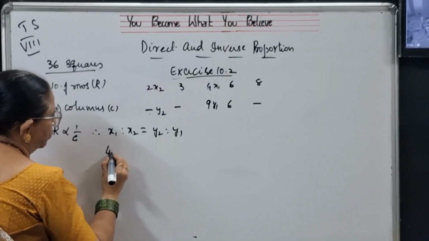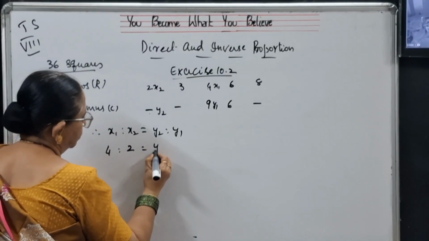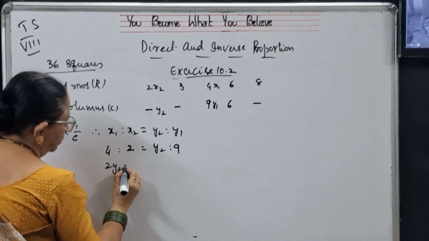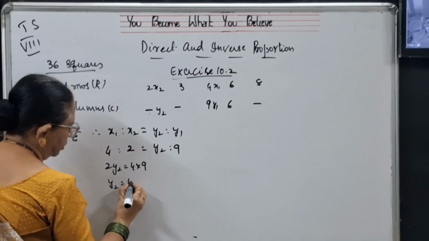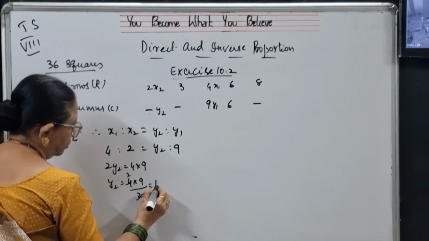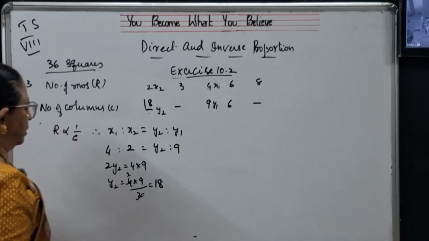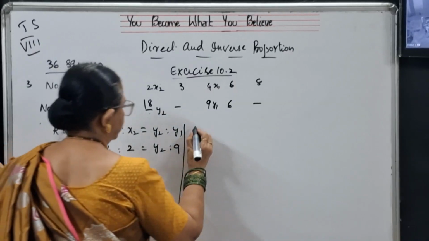So x1 4 is to x2 2 is equal to y2 is to 9. That is 2y2 is equal to 4 into 9. y2 is equal to 4 into 9 by 2. 2 twos are 4, so it is 18. So I'll be getting here 18. This is the first one. Now let me go to the next one.